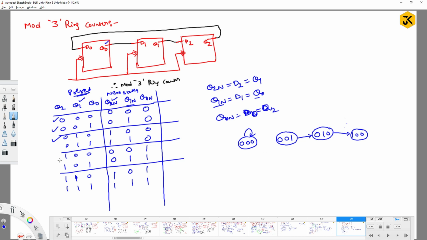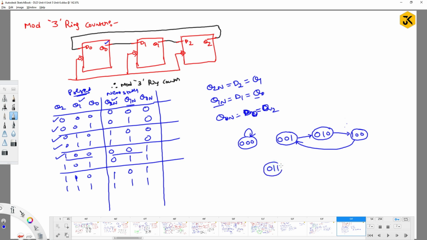If I have 100, it is going to move to 001. Again it is looping, right? So we'll start with any one. Is 011 there anywhere?